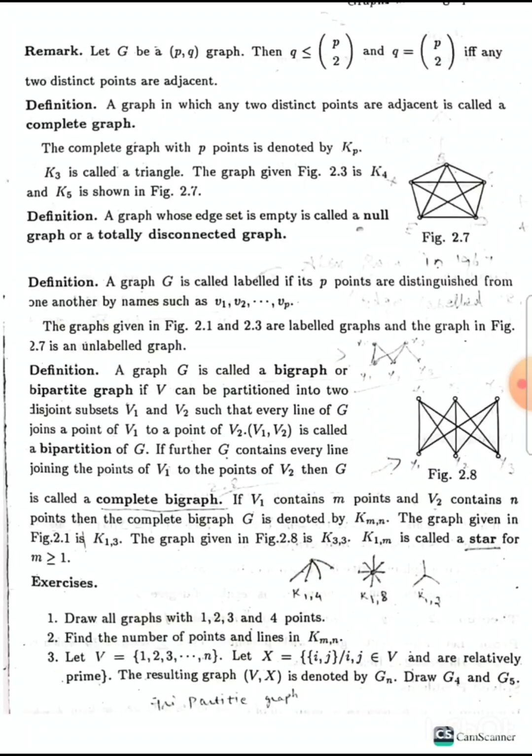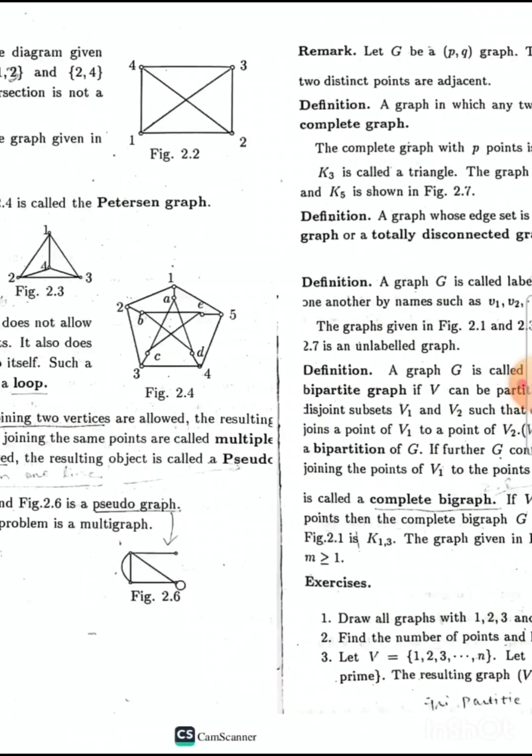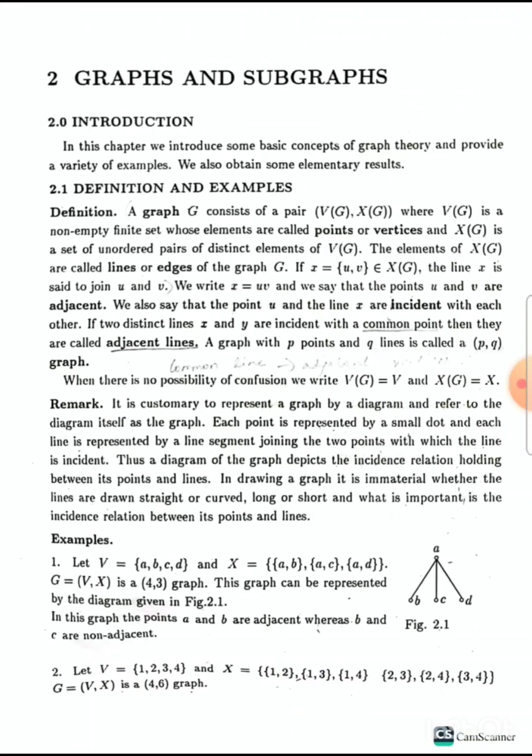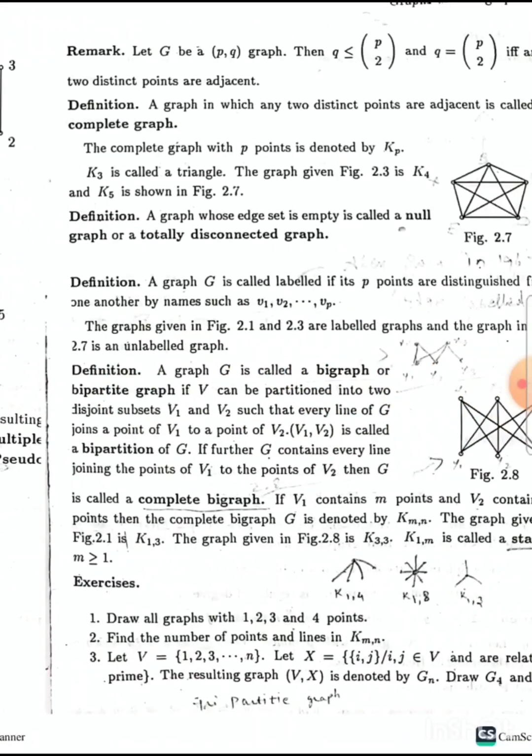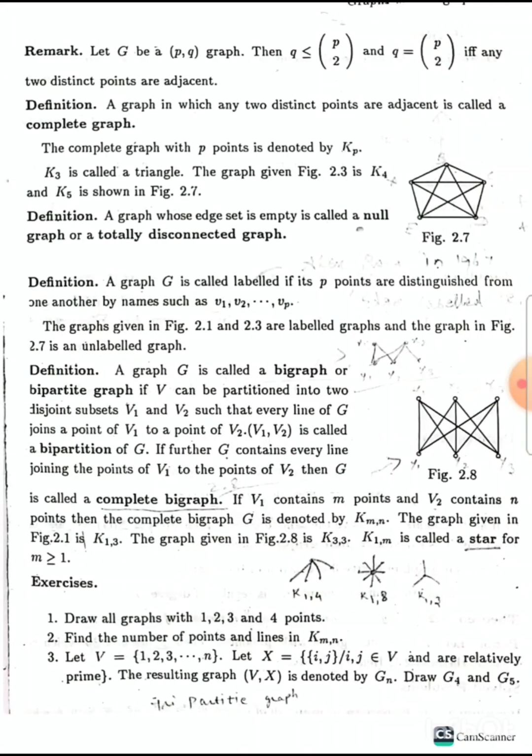These are the vertex names. The graphs in figures 2.1 and 2.3 are labeled graphs, and the figure 2.7 graph is unlabeled. The main condition for a labeled graph is that the points are distinct from one another.